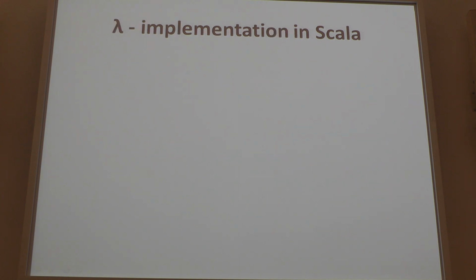So this presentation is called Java 8 Under the Hood. So let's go a little deeper. First, we look at how lambda expressions or functions are implemented in Scala. As I said, there are basic traits, Function0 to Function22.